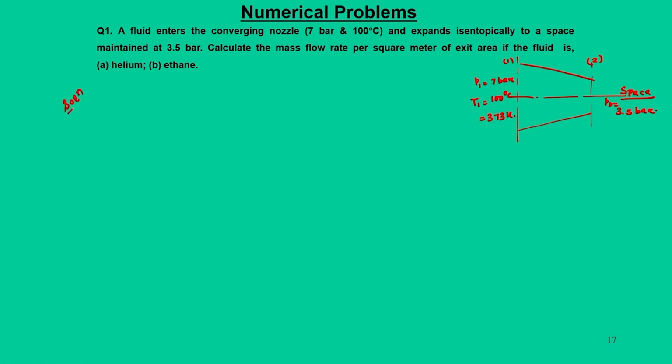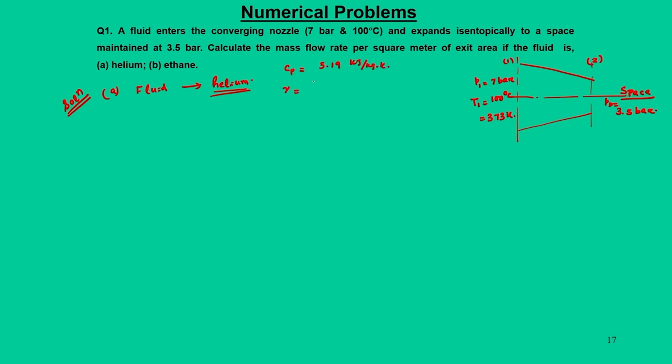Let us start this problem with case 1, when the fluid is helium. When the fluid is helium, we also need some information about the helium gas. What information do we require? We require its Cp as 5.19 kilojoule per kg Kelvin.